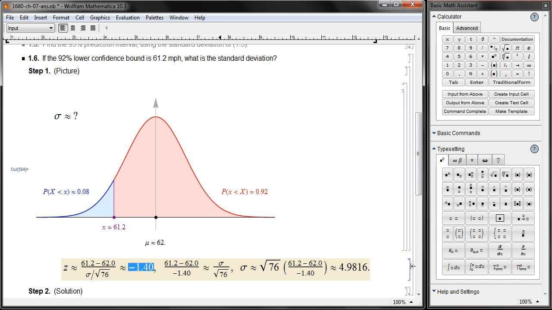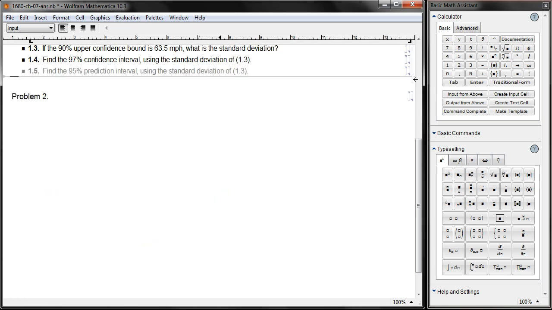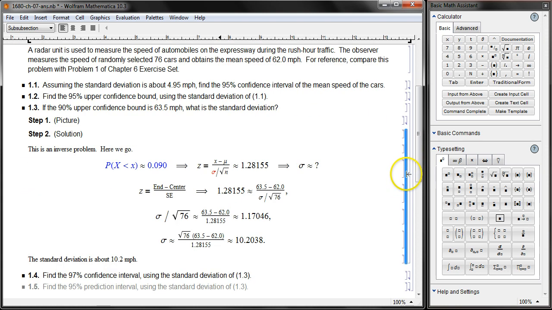Okay, the entire problem is in the same viewing window. You can always pause and then study further, but I don't have that much time, so let's go over to the next problem and complete this. 1.4, find the 97% confidence interval using the standard deviation of 1.3. In 1.3 we got a standard deviation of 10.2. Do you remember? 10.2.